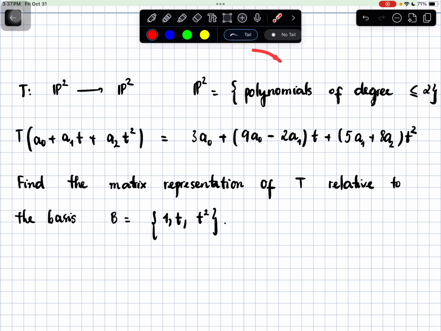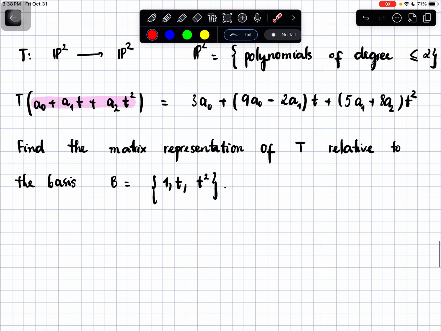This is a vector space, and a general element in that vector space is a polynomial of the form a0 plus a1t plus a2t squared.